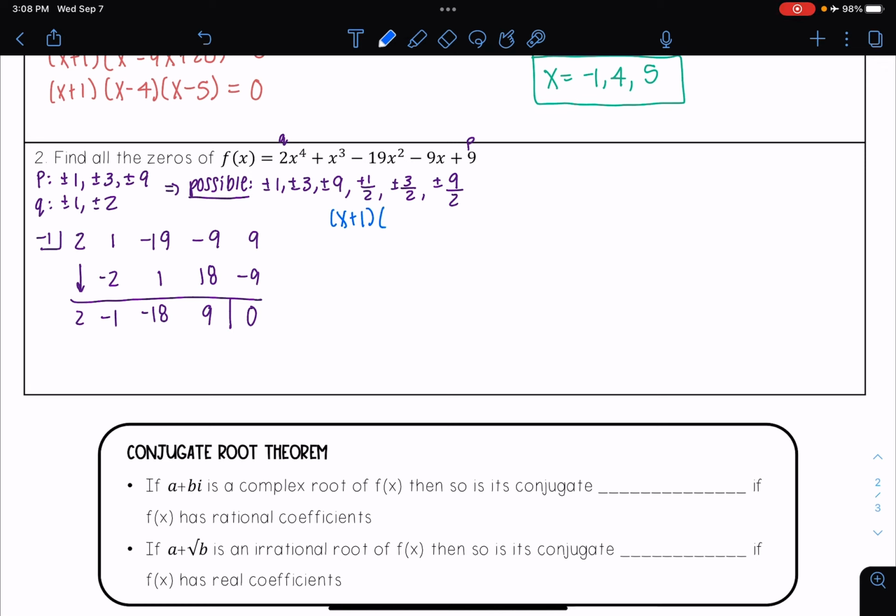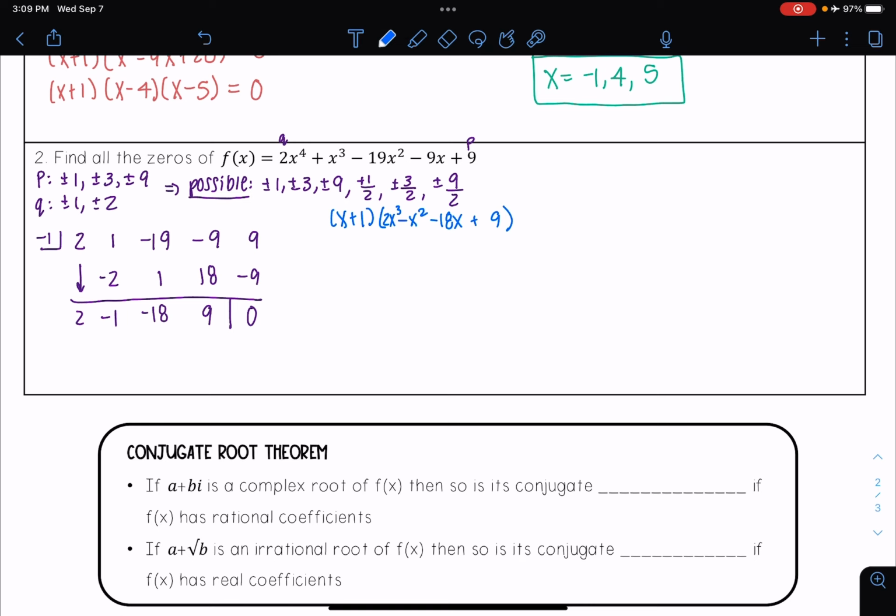And then starting back, I have 9, negative 18x, negative x squared, and then 2x cubed. And so now I see I need to start this process again, because now I need to factor out this 2x cubed minus x squared minus 18x plus 9.